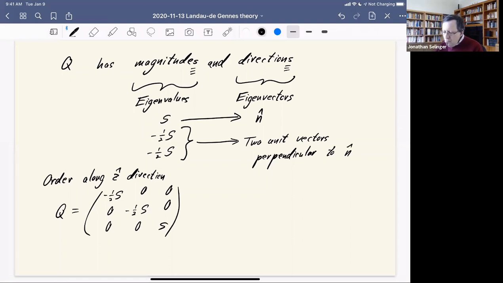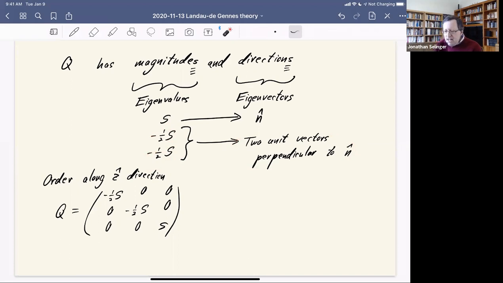In the case where the two eigenvalues are degenerate, that is, these two are equal to each other, then you can take any combination of unit vectors perpendicular to N. It doesn't matter what combination you get.